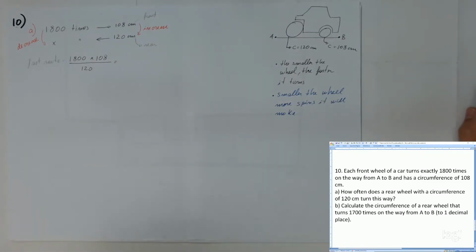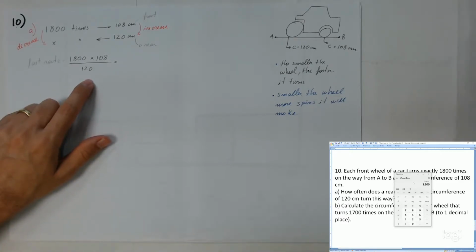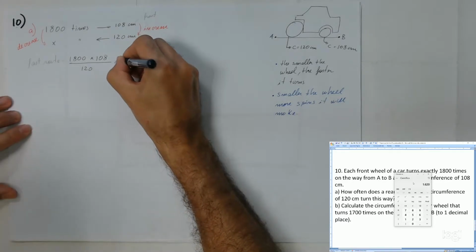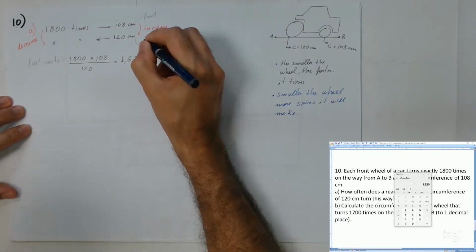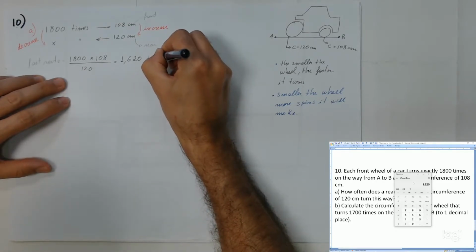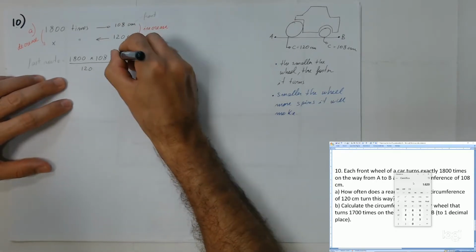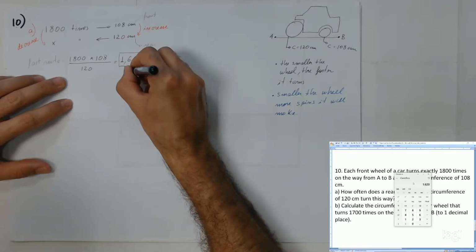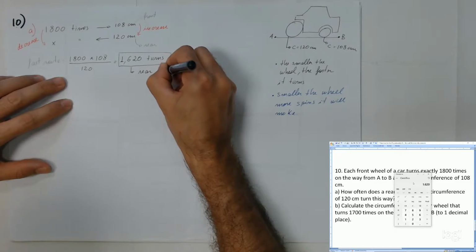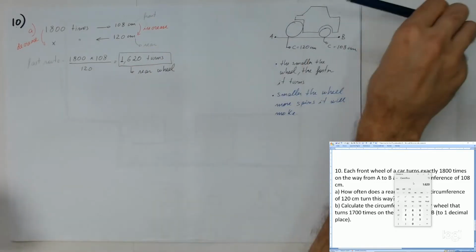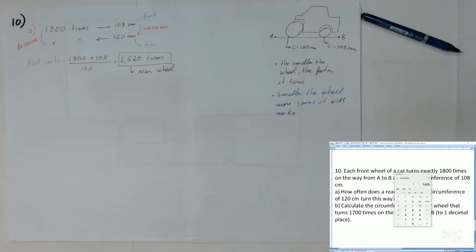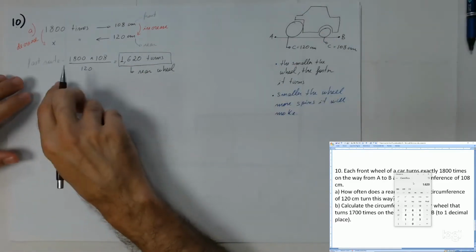Now, let me bring up the calculator. 1,800 times 108 divided by 120, and this is 1,620 turns. And this is for the rear wheel.